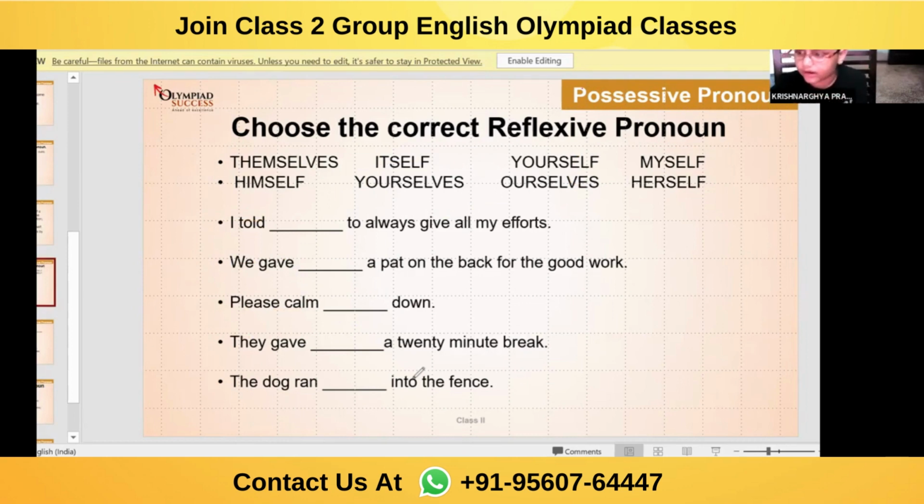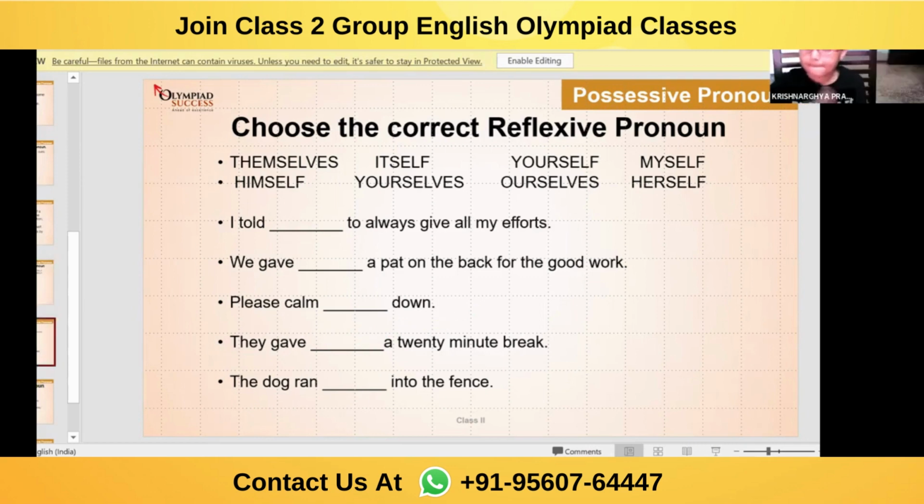Suppose they are dancing and they want a break. So they themselves decided that they will give 20 minutes break to themselves. Because here I have used they in my sentence, that is why I have used themselves. Okay, great, I got it.